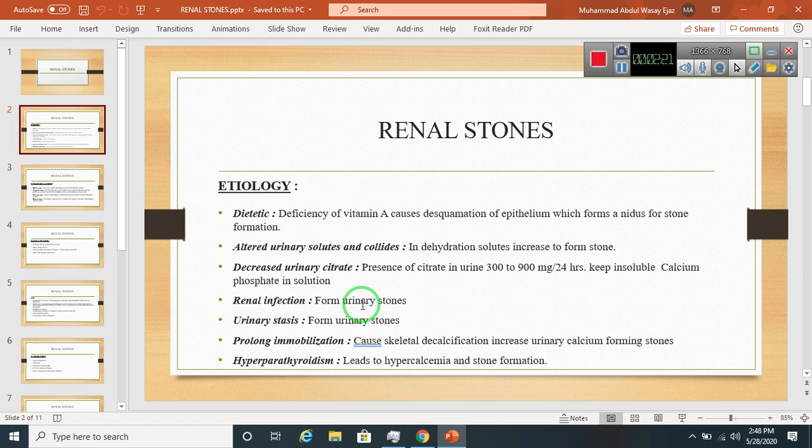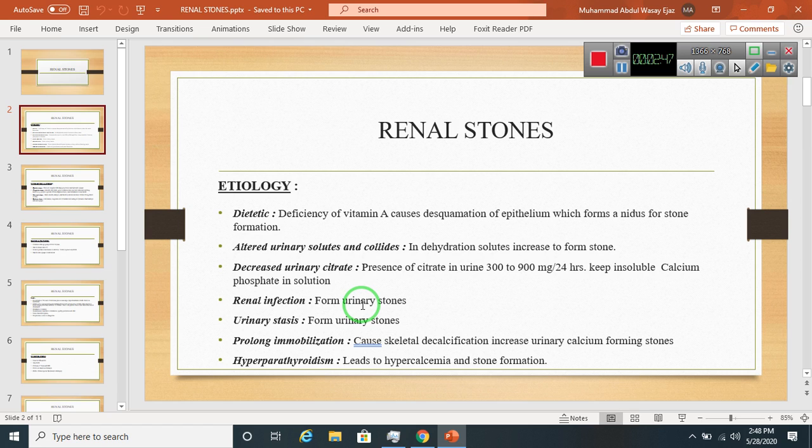Then prolonged immobilization again causes skeletal decalcification, increased urinary calcium forming stones. As I said, patients who are on bed for a long time because of any cause of immobilization may develop renal stones.